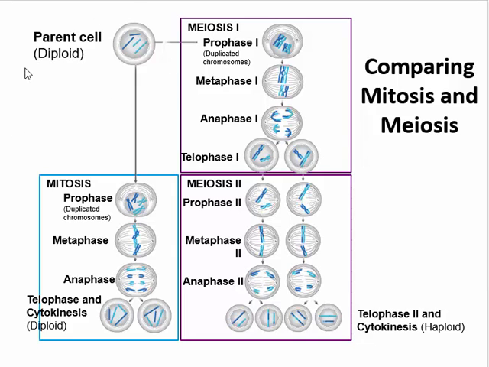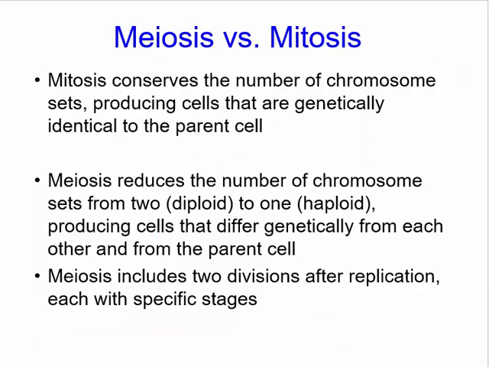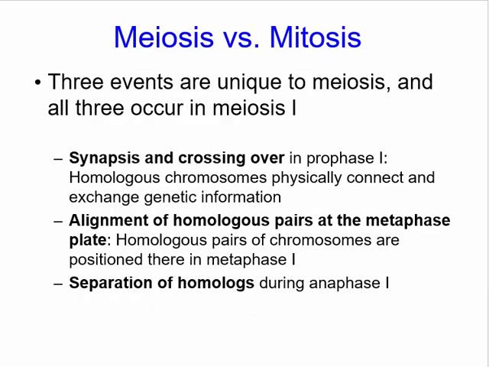It only happens in interphase. So mitosis is conserving the number of chromosomes, so parent cell identical to daughter cells, whereas meiosis is reducing that chromosome number, or halving it, from diploid to haploid. And again, meiosis includes those two divisions after that original DNA replication in S phase.